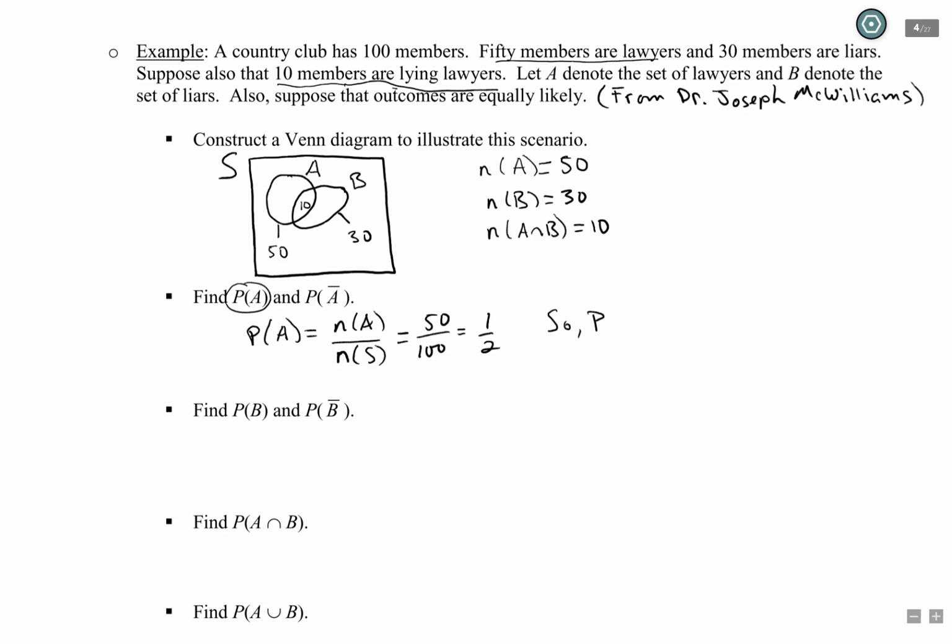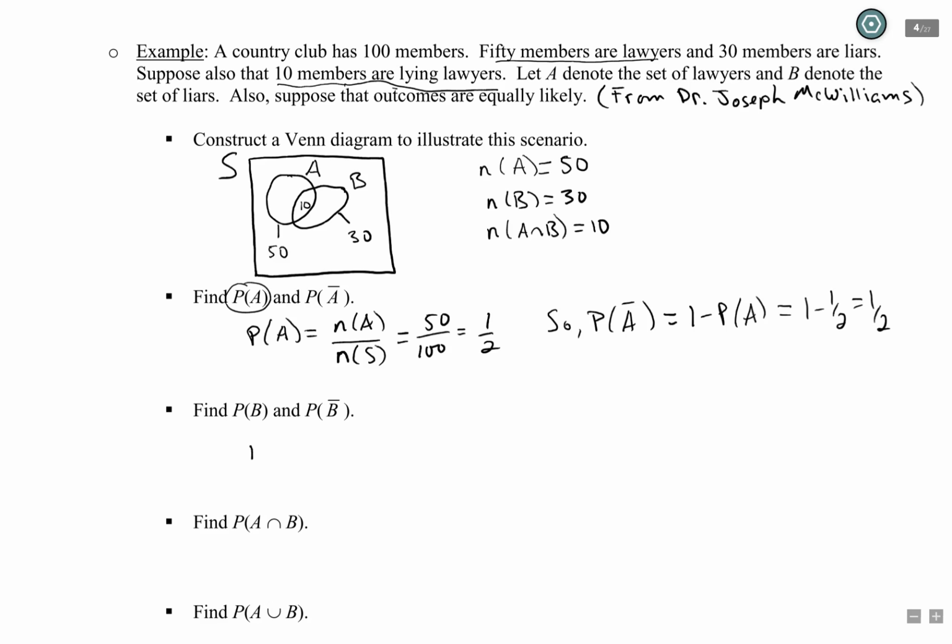So if P of A is 1/2, that means P of A complement, if you use the complement rule, is 1 minus P of A. So that would be 1 minus 1/2 there. Okay, you could get A complement directly by knowing there's 50 in A complement and dividing that by 100.